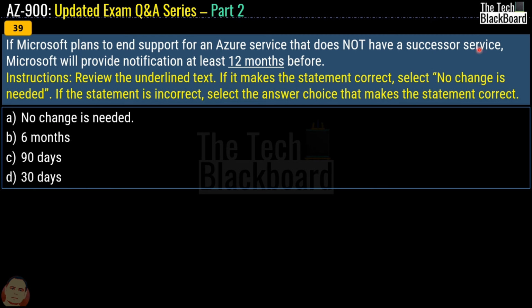So now, do you think 12 months notification is the correct answer, or do you think it's 6 months, or 90 days, or 30 days? The correct answer for this question is option A, no change needed. So whenever a service is going to be discontinued, Microsoft will always provide you a notification at least 12 months before.